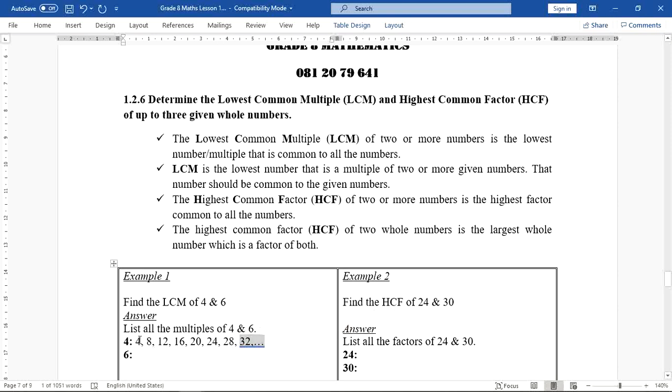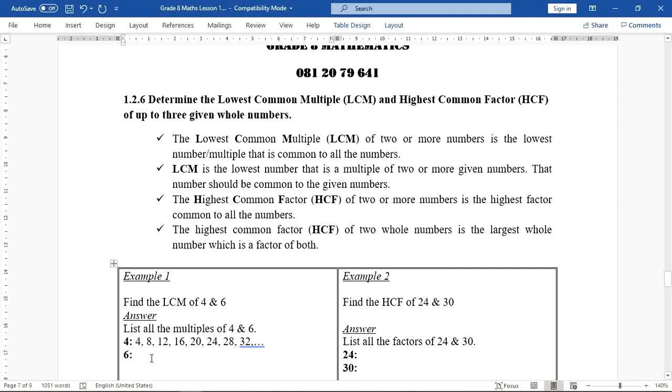Or you can just keep adding 4: 4 plus 4 is 8, plus 4 is 12, plus 4 is 16. Between the multiples of 4 there is a difference of 4. So you just multiply 1, 2, 3, 4, 5, 6 with 4, and you get the list of these numbers.